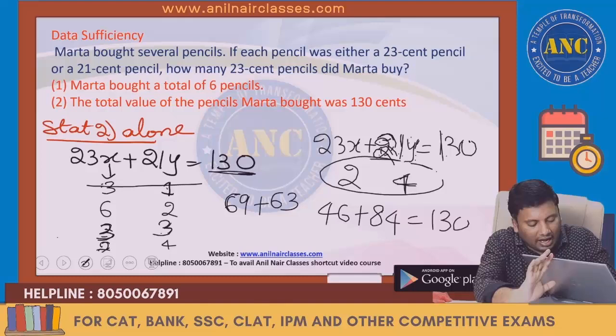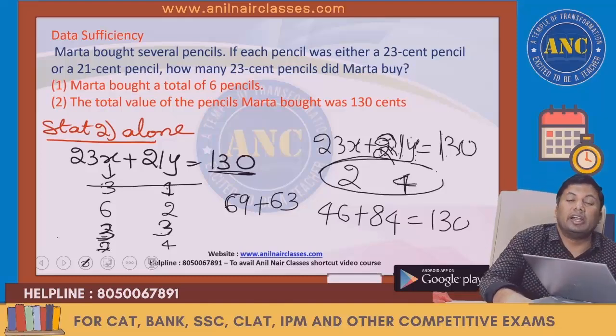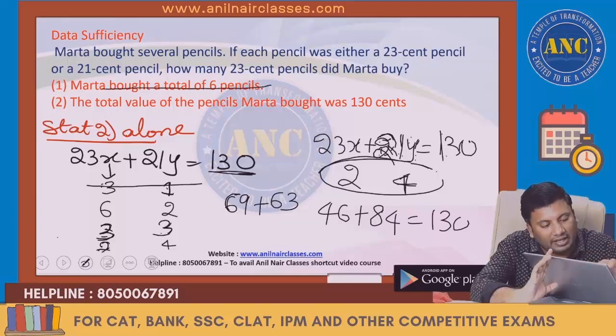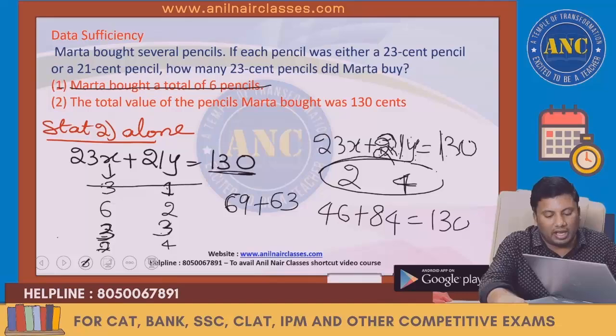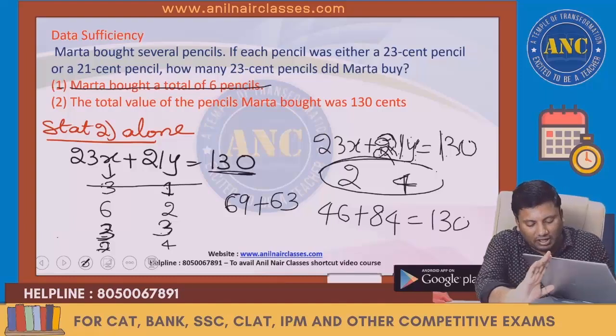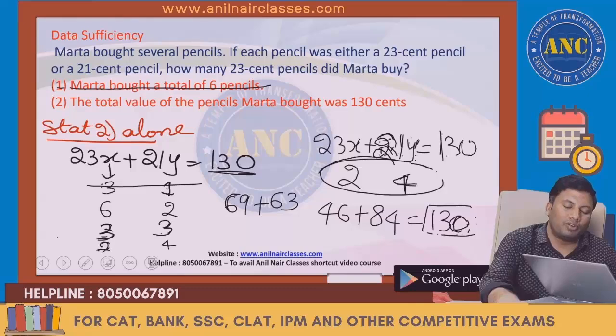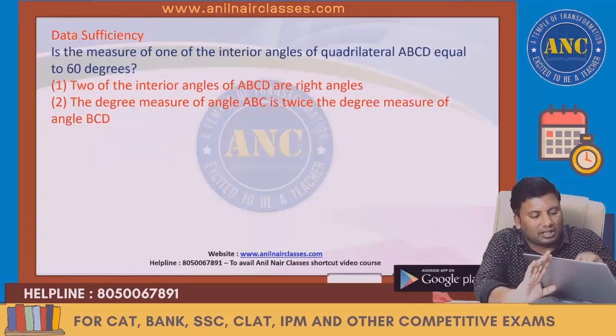Definitely, I got a unique solution. It is coincidental that 2 plus 4 equals 6. I did not even use statement 1; I used statement 2. 23 twos are 46, 21 fours are 84, 46 plus 84 is 130, the total value.